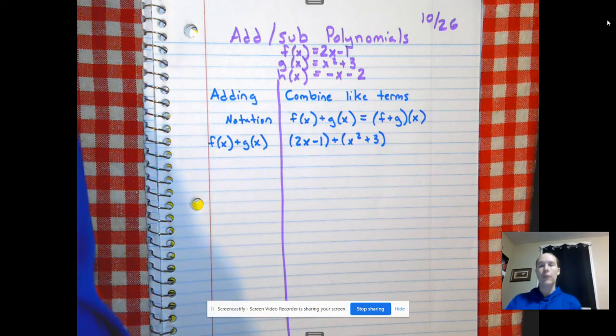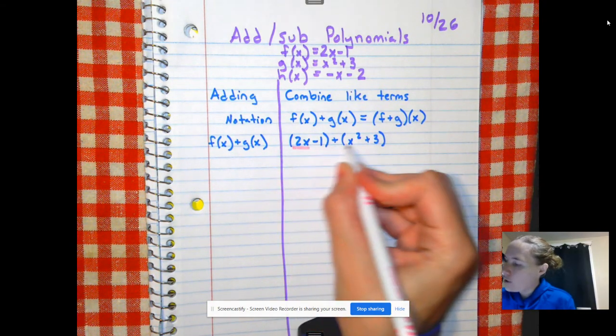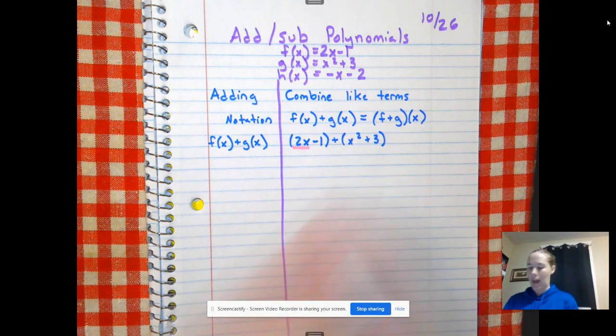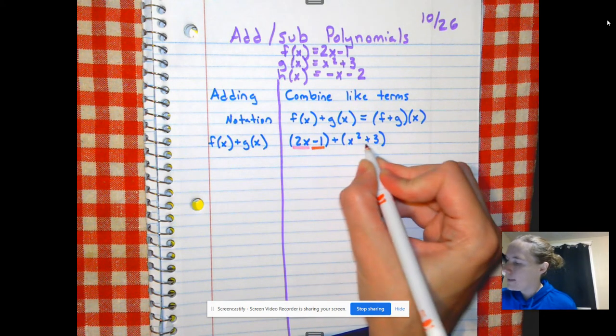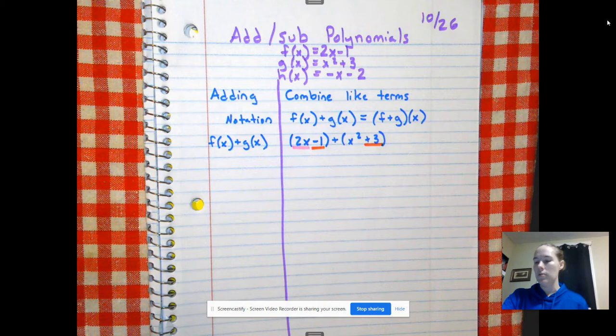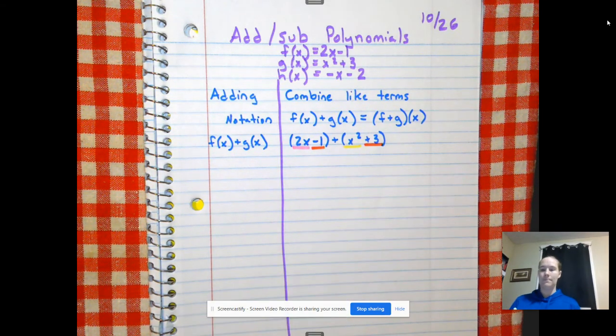So now I'm going to look for like terms. So first I have a 2x. I look over, I have an x squared, but it's not x, so I have nothing else to combine that with. All right, I have a minus 1. Oh, I have a plus 3 over here. I combine those. And then lastly, I have this x squared.